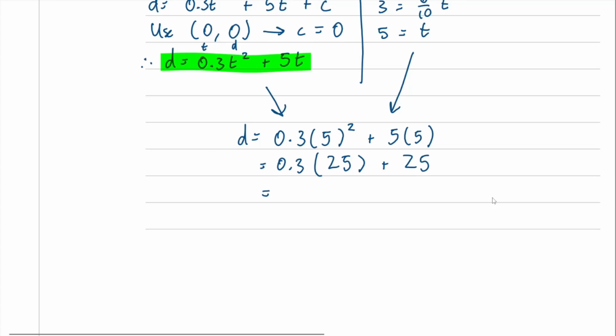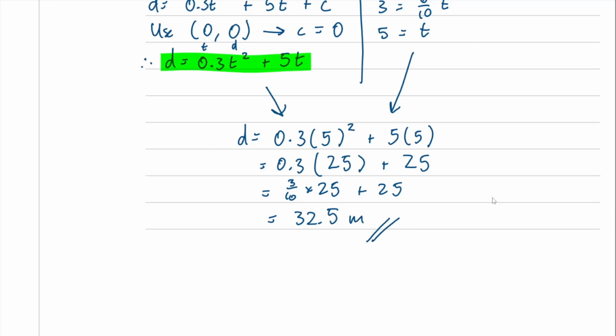What's that? 3/10 times 25. So that's 2.5, 7.5 plus 25, 32.5 meters. Whew.